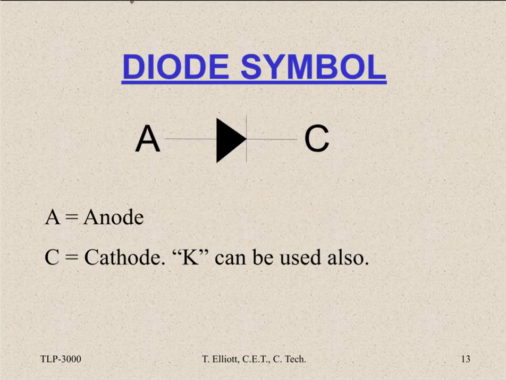Diode symbol. There are many different types of diodes. This is just a standard diode, and each one has its own symbol, of course. The arrow side is called the anode. The line side is called the cathode.